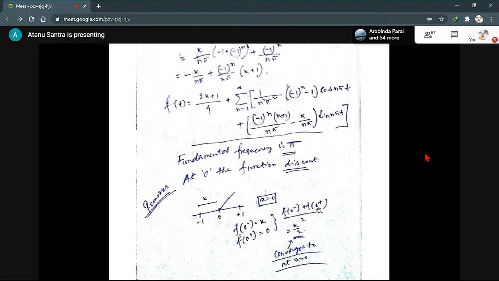Okay. So this is the thing. Actually, you may prove it mathematically also. This proof is depicted in any kind of textbook. You may see there. Okay. That means at the point of discontinuity, the function converges to the average. So the point t equal to 0 is called the point of discontinuity. Yes.